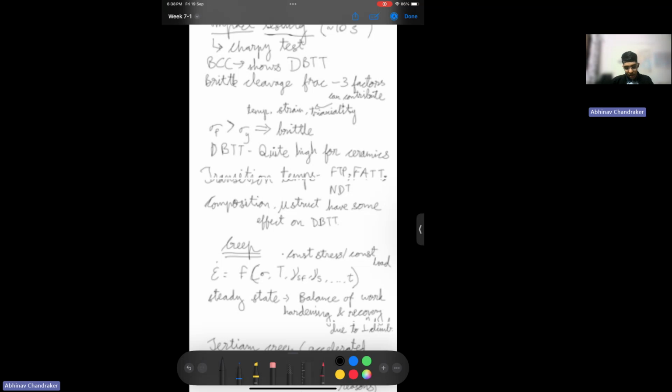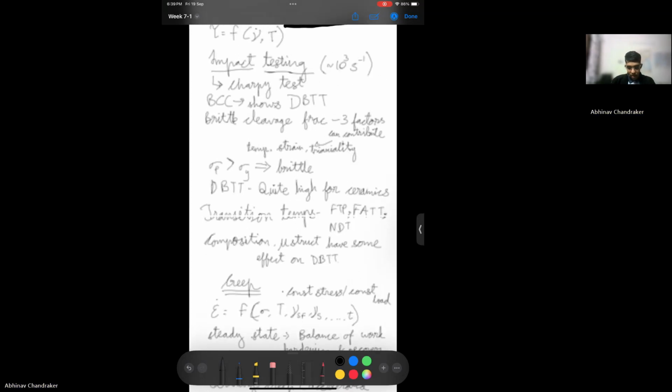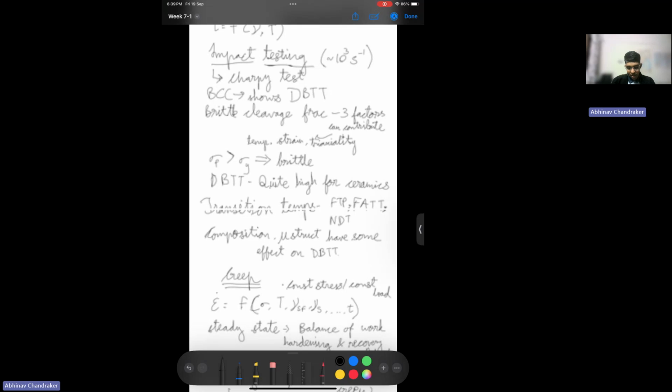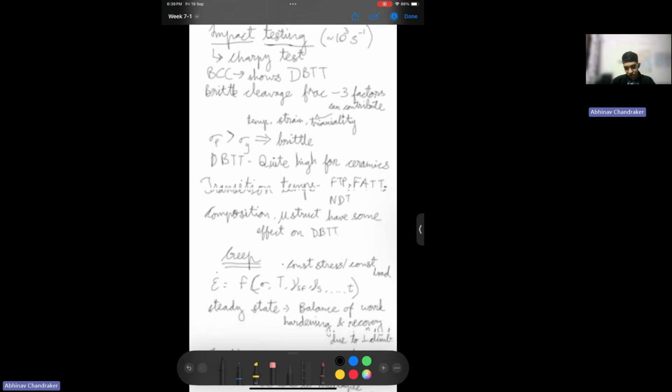NDT is nil ductility temperature, no ductility to some ductility. FTP is, I think, full ductility to some brittleness. The composition and microstructure of your material will affect the DBTT, because it is in a way a characteristic of the material. So depending on the microstructure and composition, that will change.